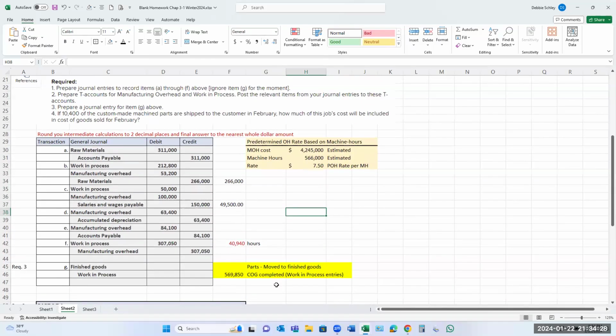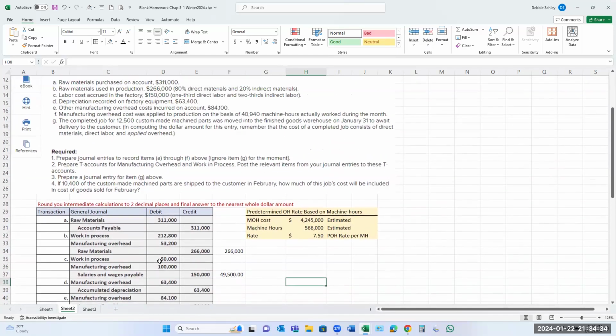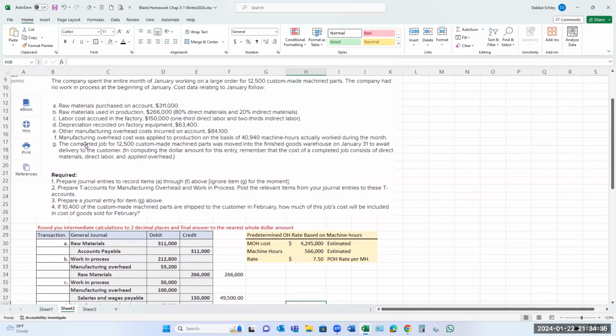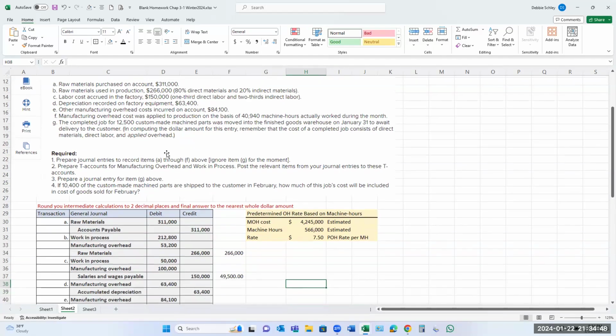So we're going to go back to prepare the journal entry for item G above. So what does G say? The completed job for 12,500 custom-made machine parts was moved into finished goods warehouse on January 31st to await delivery to the customer.